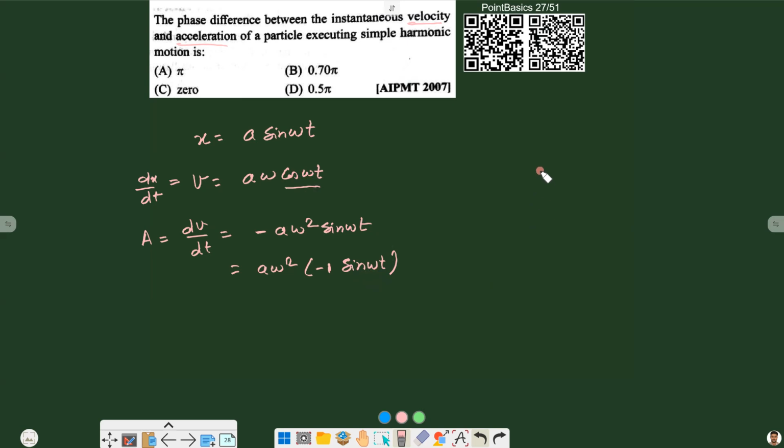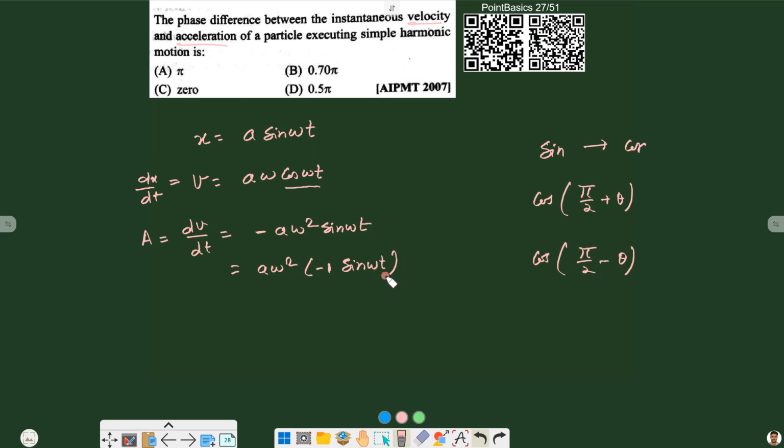And we already know that sine and cos are interconvertible with each other using 90 plus theta and 90 minus theta. So we can use here cos 90 plus theta and cos 90 minus theta.